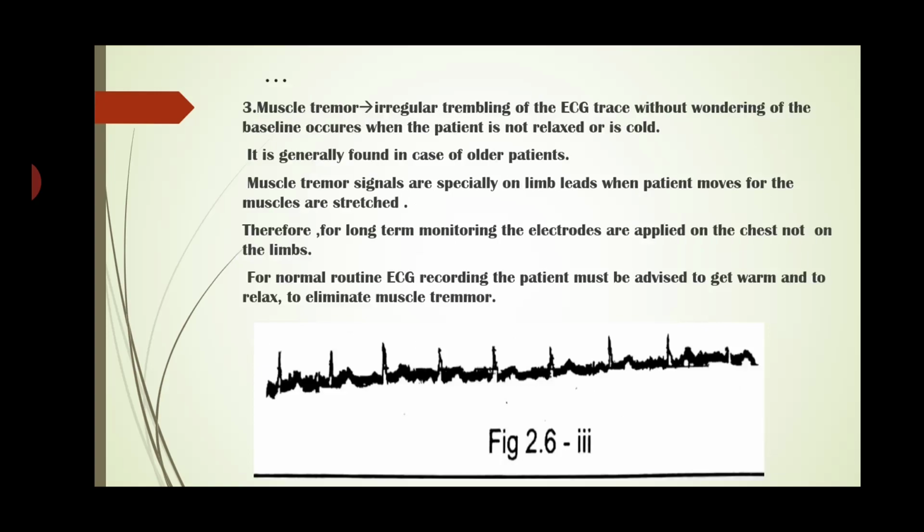When the patient moves and muscles are stretched, then these artifacts may be added. Therefore, for long-term monitoring, the electrodes are applied on the chest, not on the limbs. For normal routine ECG recording, the patient must be advised to get warm and to relax to eliminate muscle tremor.